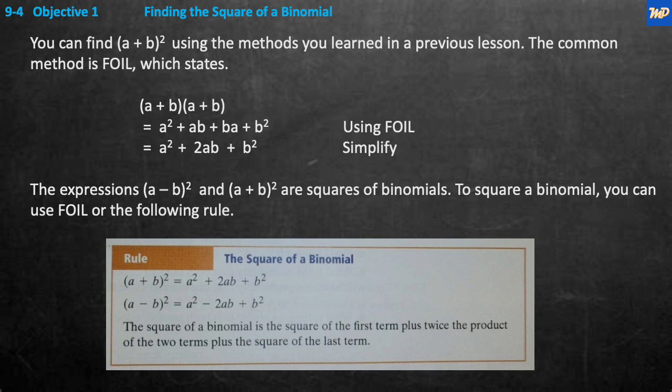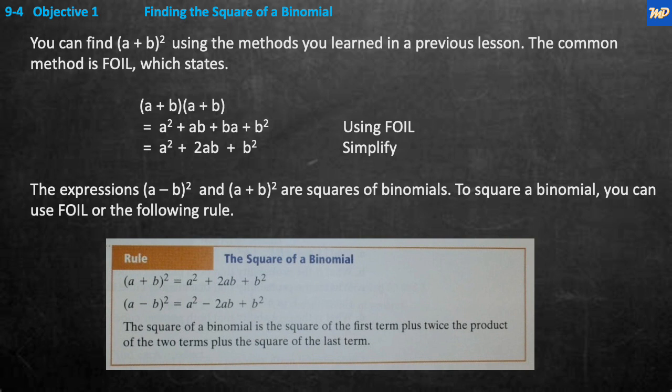The square of a binomial: the quantity a plus b squared is equal to a squared plus 2ab plus b squared. The other option is a minus b squared, and with the minus, you'll see that it's a squared minus 2ab plus b squared.